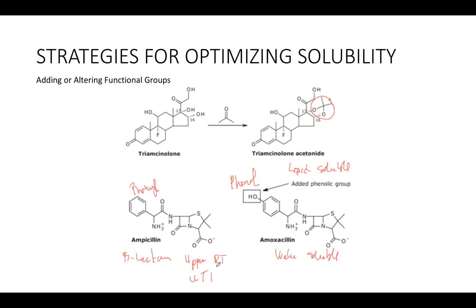ampicillin is a molecule that is actually going to be a Zwitter ion. Zwitter ion, you have both negative and positive charge. It's an amphoteric compound. It has both the carboxylic acid and the primary amine. So when it's ionized, it's going to exist as a Zwitter ion.